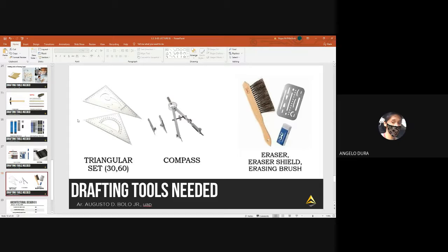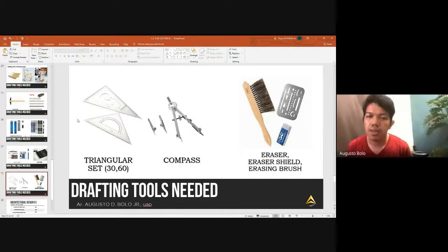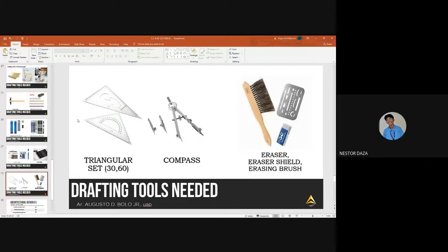Salamat po. Okay. Other questions? Yes, Nestor. Sir, drawing pencils lang po, tapos tech pens ang gagamitin mo sa major plates. May alcohol markers.